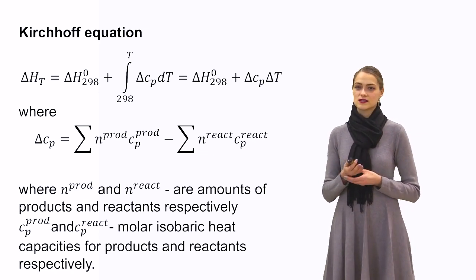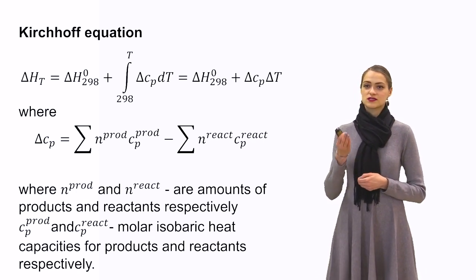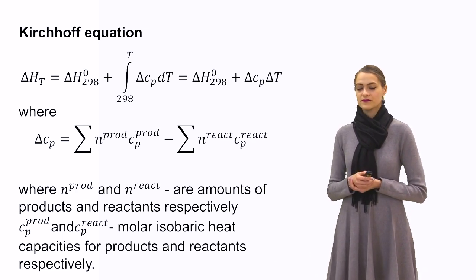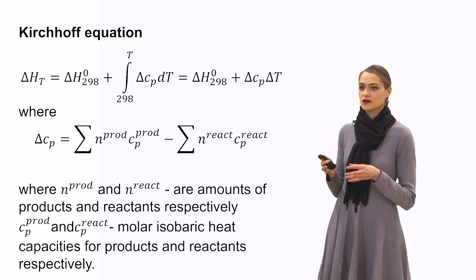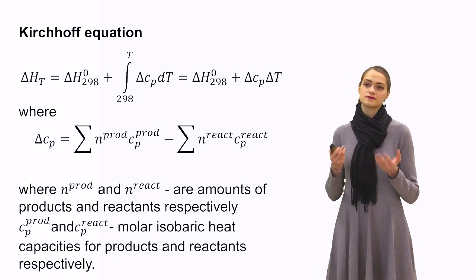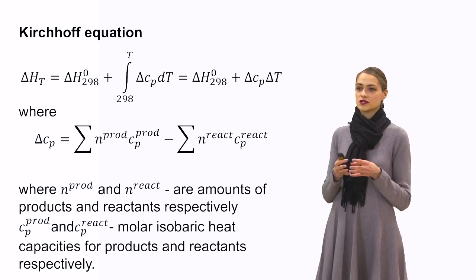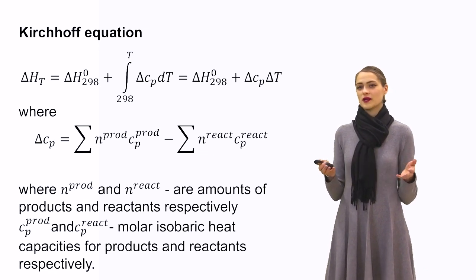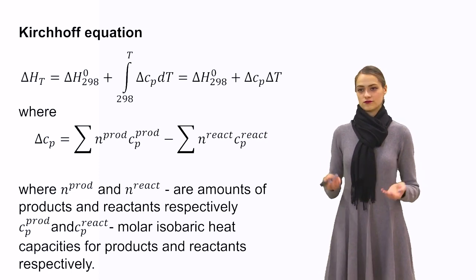We multiply the molar isobaric heat capacity for each product by the number of moles for this exact product, and then subtract from it the product of the molar isobaric heat capacity for each reactant and the number of moles for this reactant. And then we place this difference in molar isobaric heat capacity into the Kirchhoff equation, and now we can determine the heat effect of the chemical reaction in real conditions.